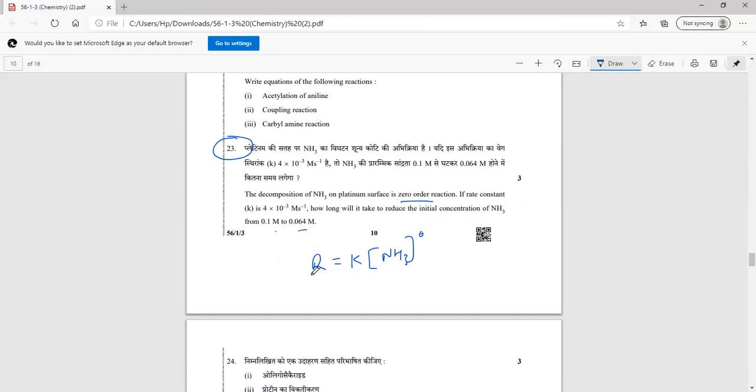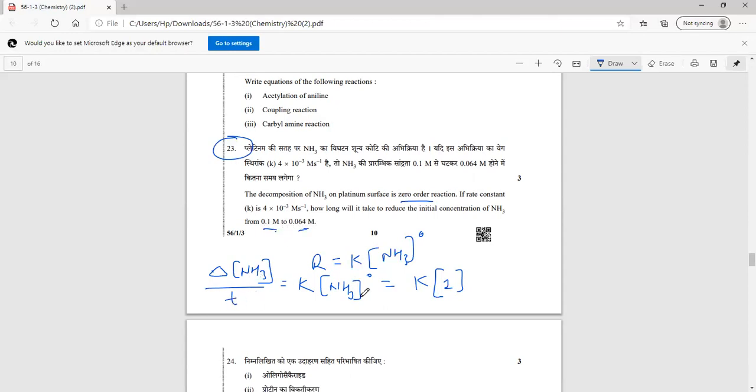All right. So rate we can also write as change in concentration of NH3 divided by time, which is equal to K times concentration of NH3 to the power 0, and that is equal to K, since NH3 to the power 0 is equal to 1. Now this difference we can find out by subtracting these two concentrations.